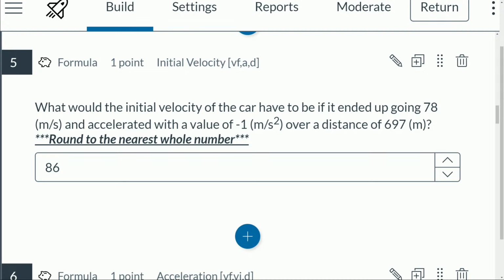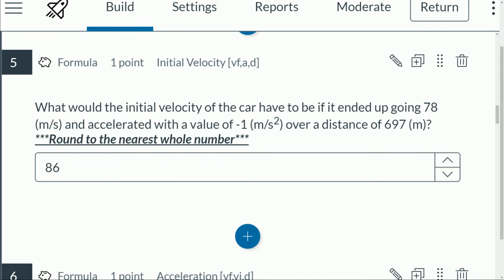Okay. So it says what would the initial velocity of a car have to be? What is it asking us to find? Good. Initial velocity. So v sub I, and that's going to be meters over seconds.